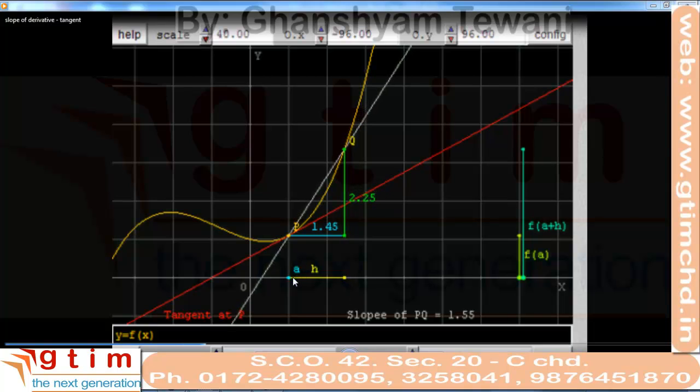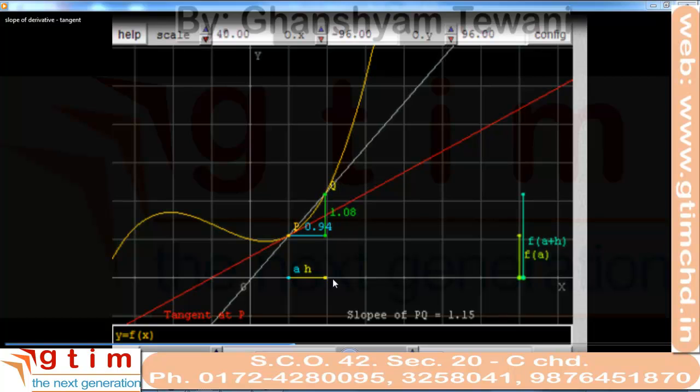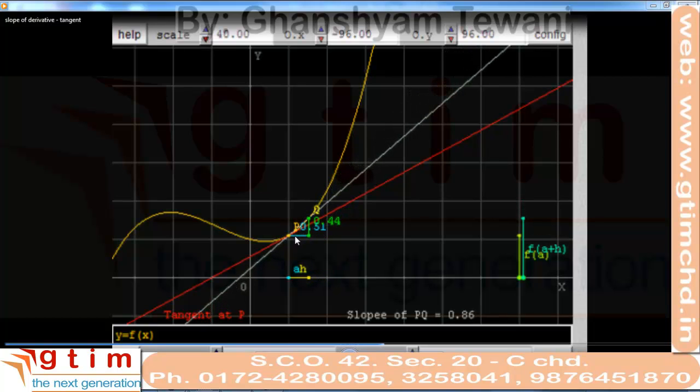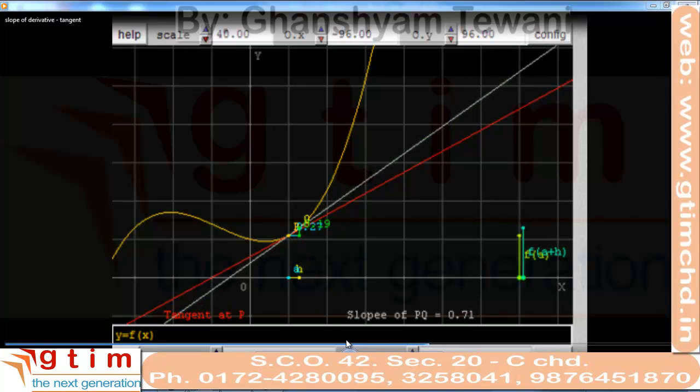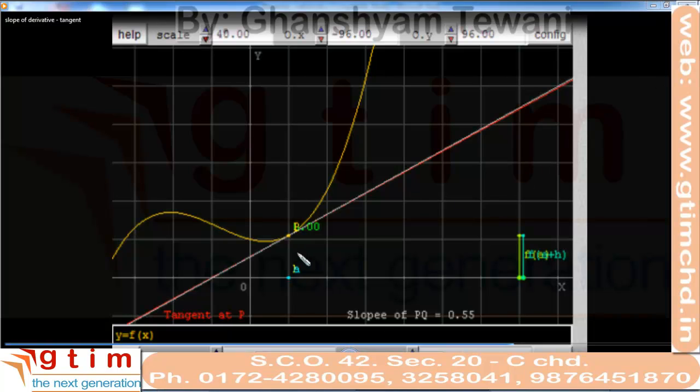Also we can see that the value of h is becoming smaller and smaller, and when point Q is very close to point P, the value of h approaches 0, and at that time this line becomes tangent to the curve.